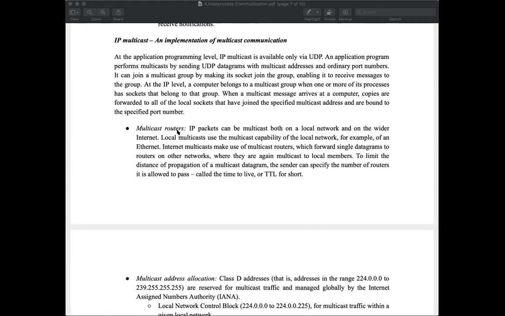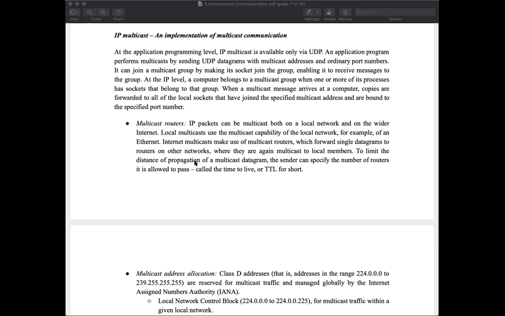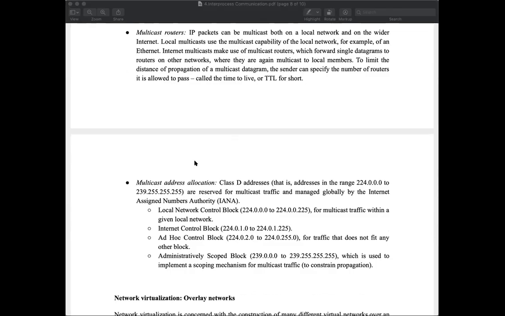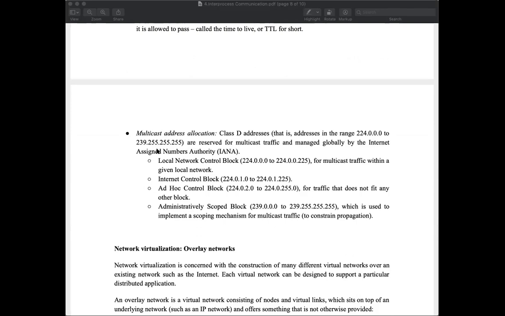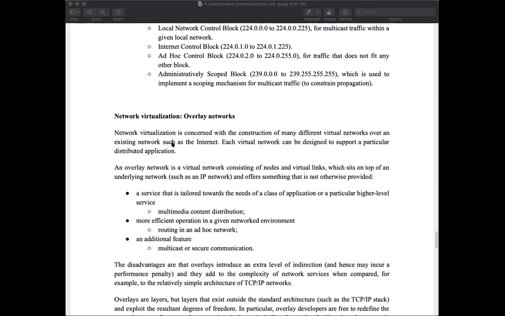Multicast based on routers means the message is sent to a router which has been configured as a multicast router. Otherwise we can define IP ranges, right? So if you send the message to that IP range, it means that message should be transferred to all the other connected nodes, right?